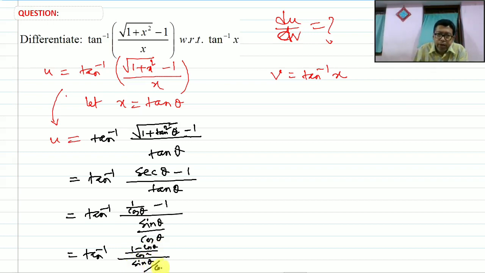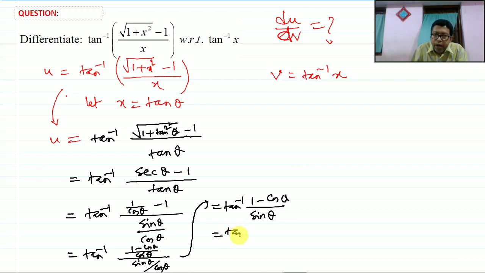The cos theta cancels, so we get tan inverse of (1 minus cos theta) by sin theta.